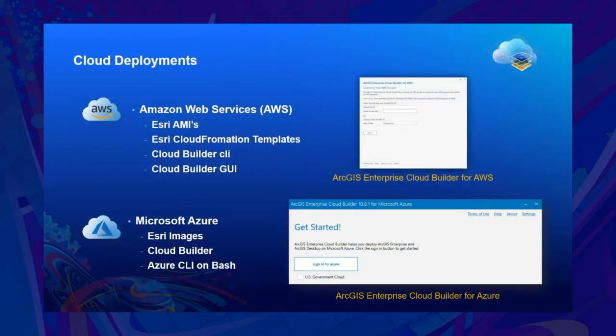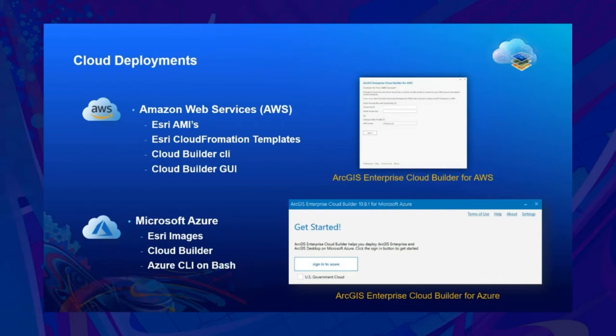The next two deployments we will review are the AWS Cloud Builder and the Microsoft Azure Cloud Builder. Both of these builders provide a straightforward approach to deploying ArcGIS Enterprise in a cloud environment. Each builder offers deploying a single machine or multi-machine ArcGIS Enterprise deployment. They each also provide deploying and configuring additional ArcGIS server roles to your environment.